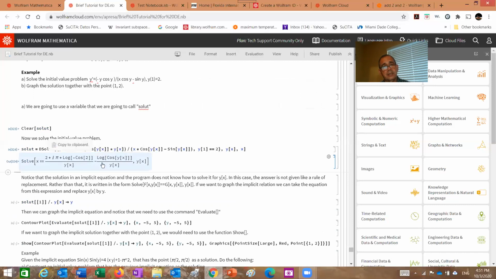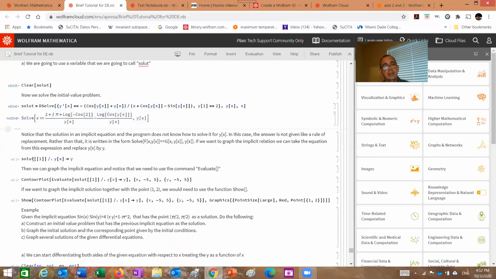This equation is a little difficult to be solved for y. That's why it doesn't express the solution as an assignment rule, as a replacement rule. It says that if you solve this equation for y, then you get the solution. But the program doesn't know how to solve it. That's why it leaves this indicated.